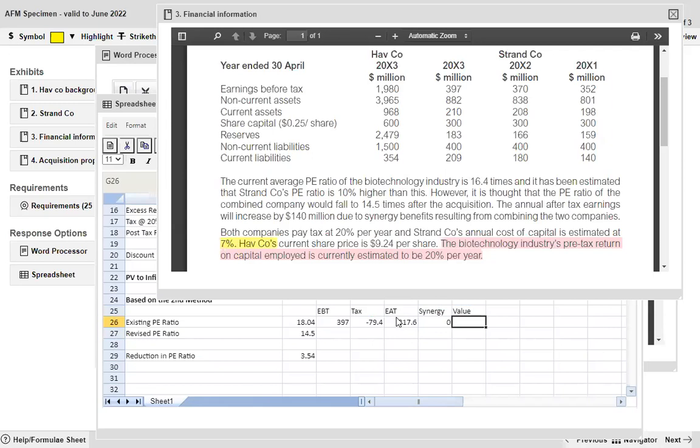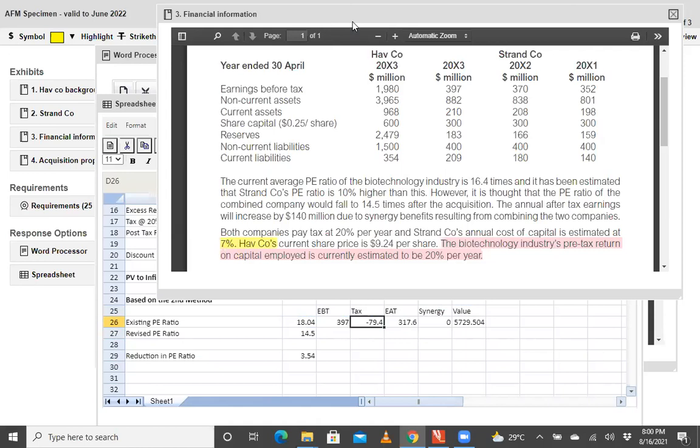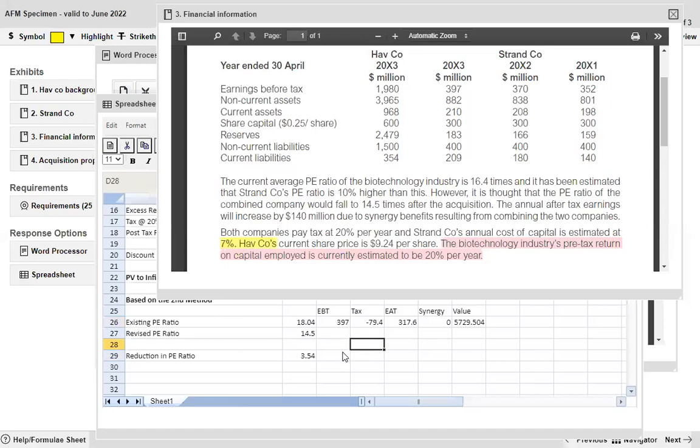The value of the business is going to be this into this. And the revised earnings would be like again the same thing, but there's actually going to be a synergy benefit which is going to be incorporated.